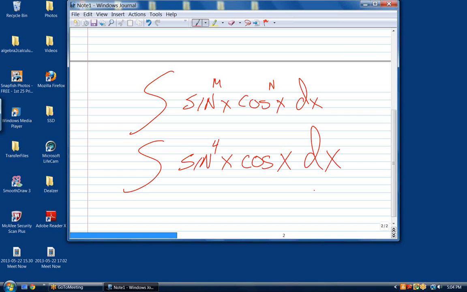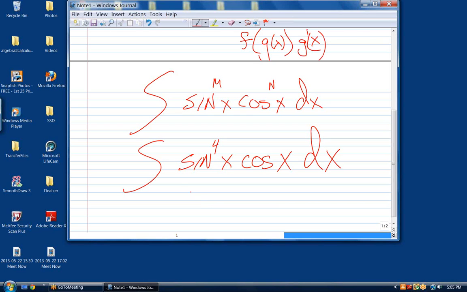Notice that if I did this integral, I can just use the power rule, right? In other words, this is an integral that we would normally solve by substitution, where we're looking for f of g of x times g prime of x. Well, that's exactly what we have there.